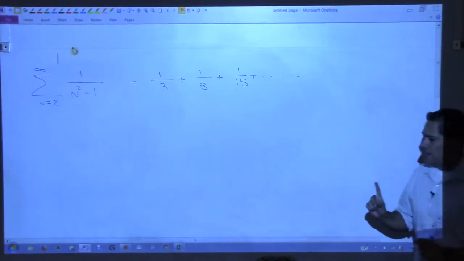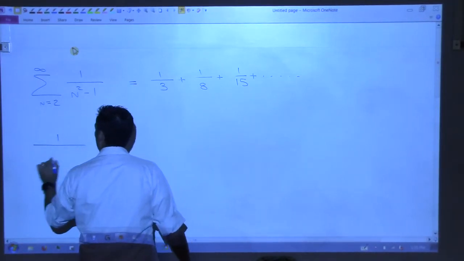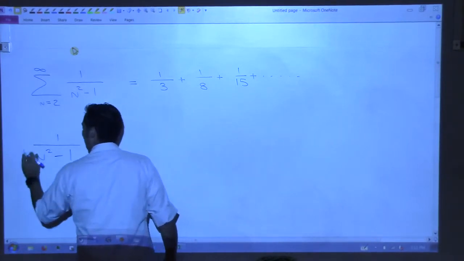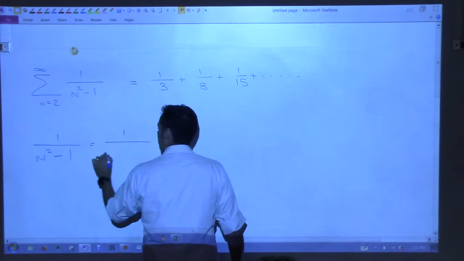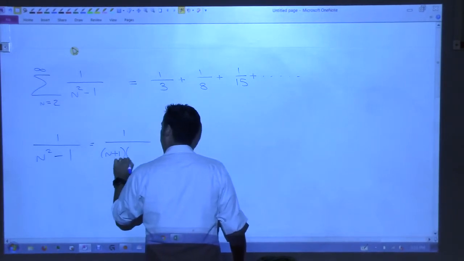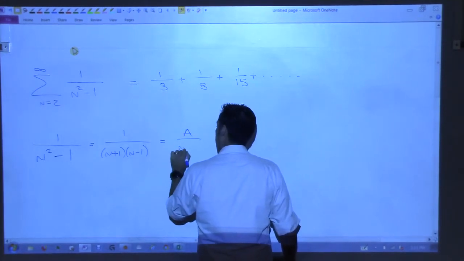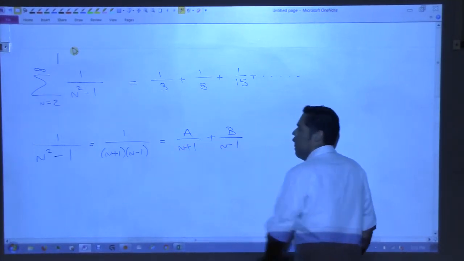And to see that requires us to go back into our database, I guess, in our brain and realize that this is the same as this, and that can be written like this. So what am I bringing into play here?